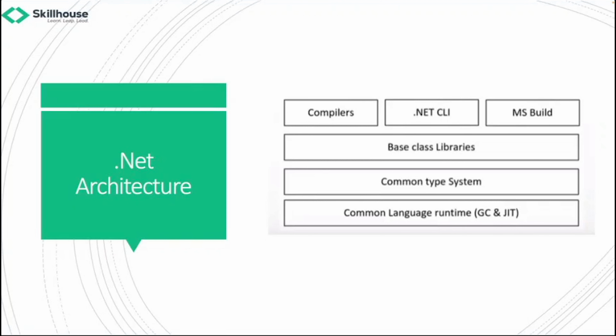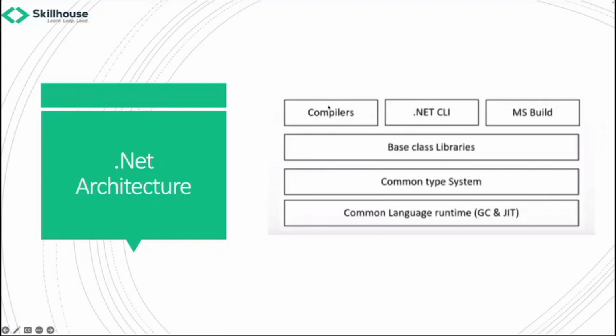These kinds of class libraries are already provided by the .NET system, so they are called class libraries. There are some predefined class libraries and functions provided by the .NET system.